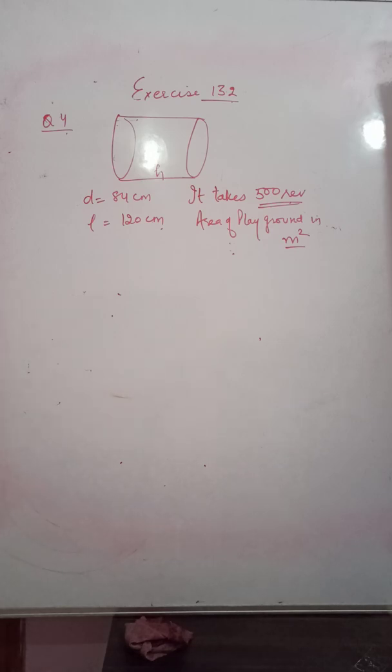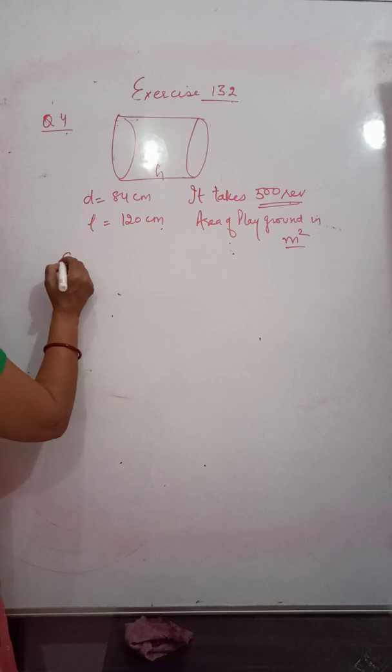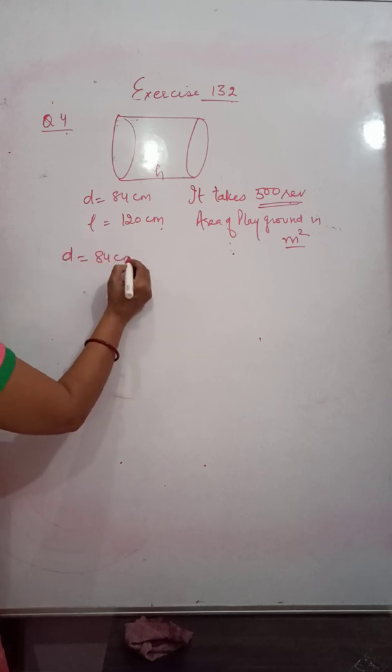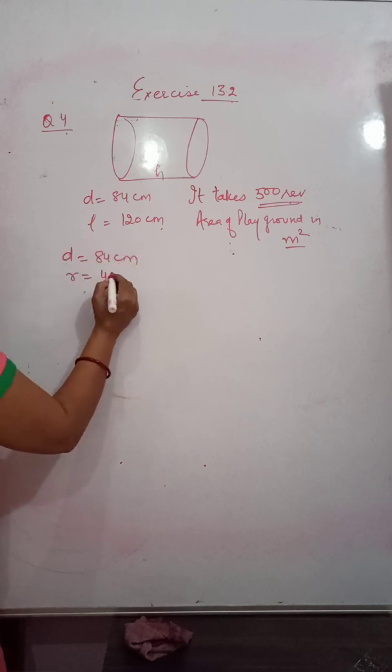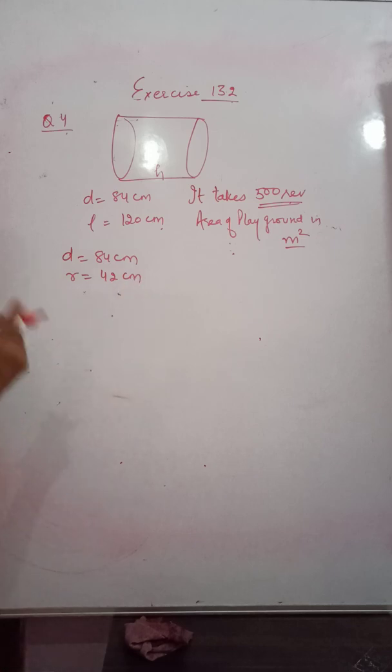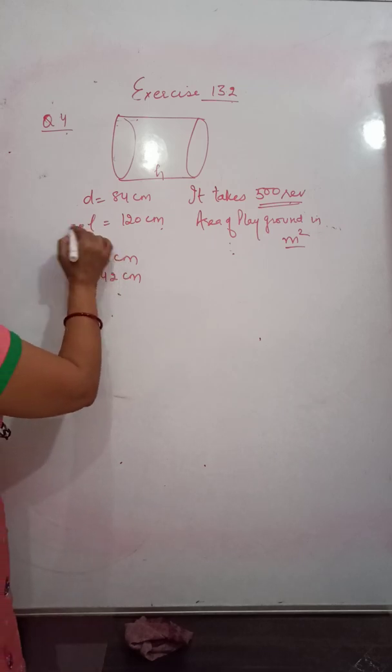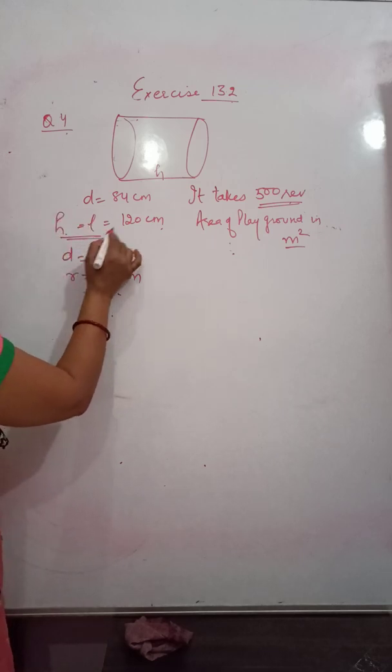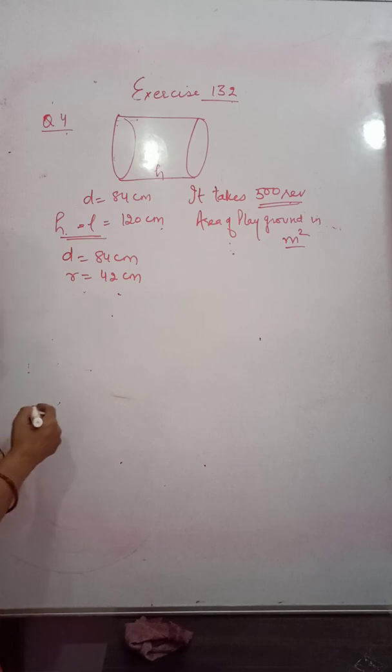We have to find the area of the playground in meter square. So how will you be doing? If diameter is 84 centimeter, then radius is 42 centimeter, right? H, that is length, that is height, both are given as 120 centimeter.